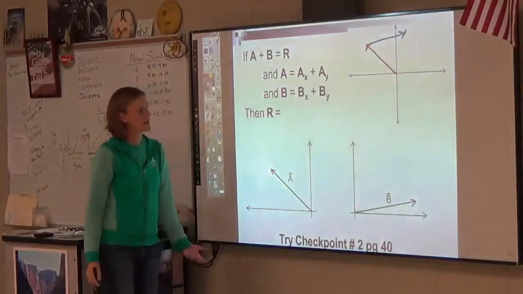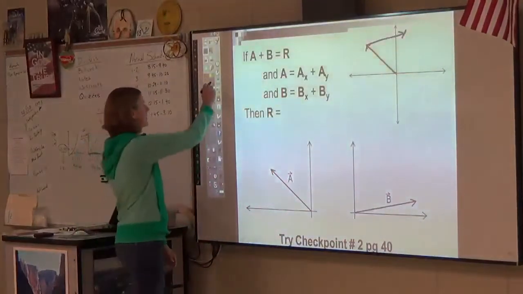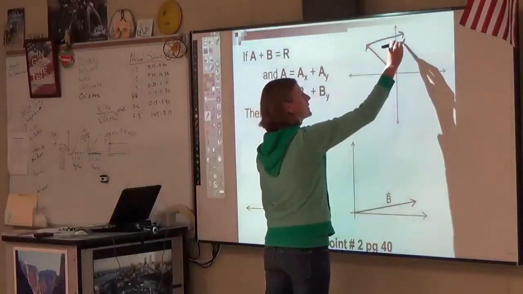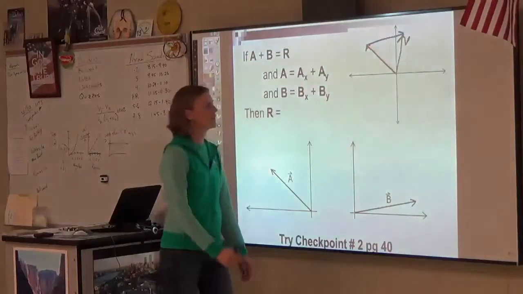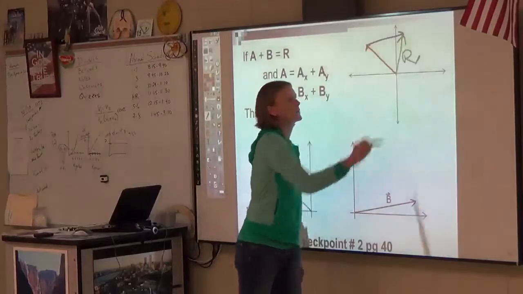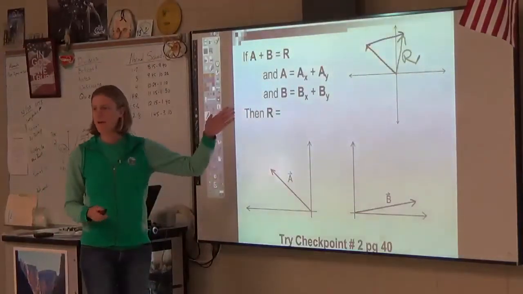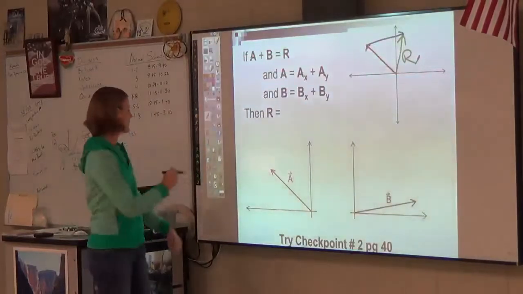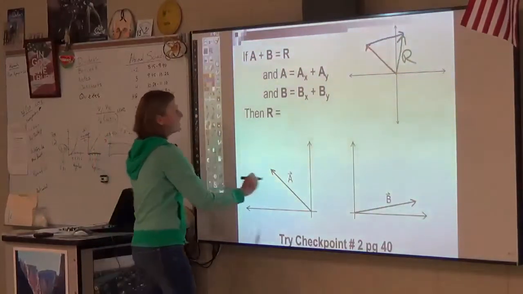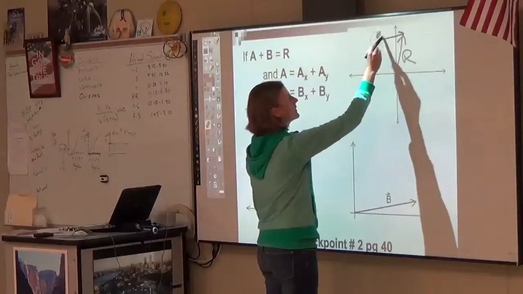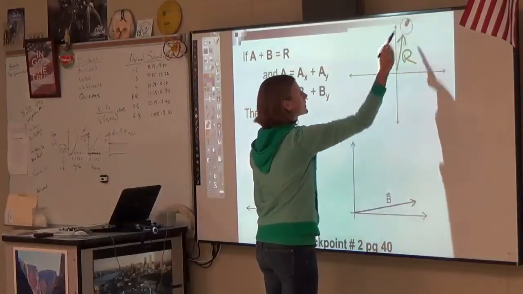So adding it head to tail, that's what I would end up with. And my result would be like this, green. Okay, so I've got my answer. I know it's the green vector. All right, imagine I erased A and B. I'm just going to leave behind that green one.